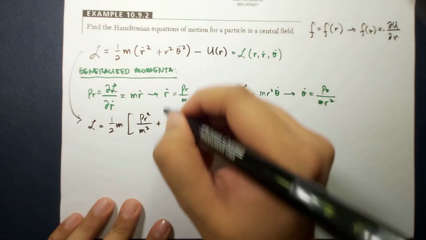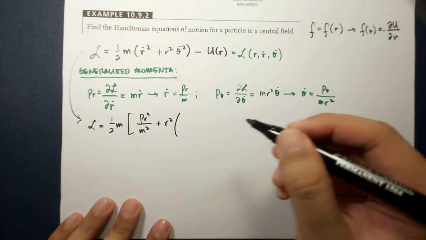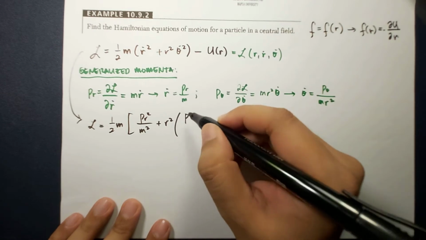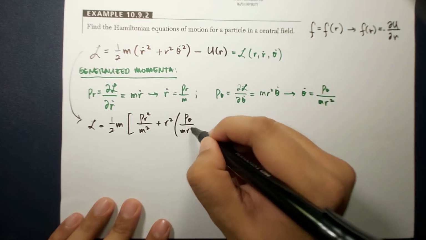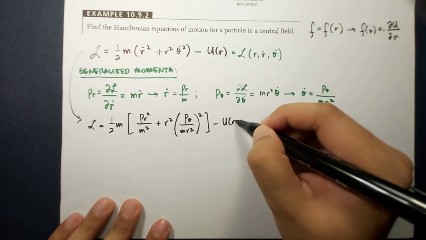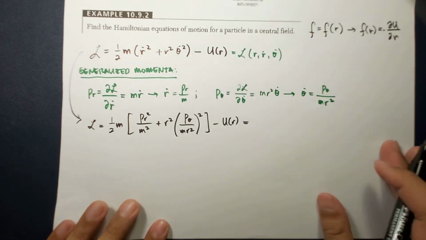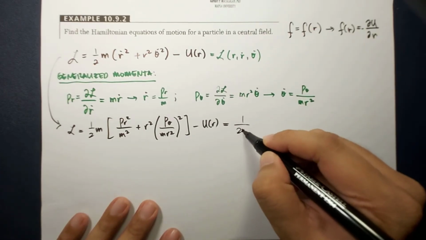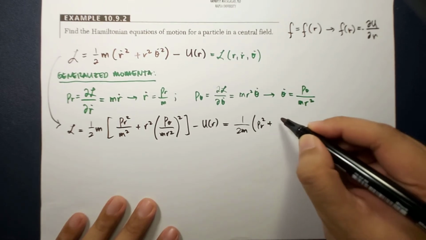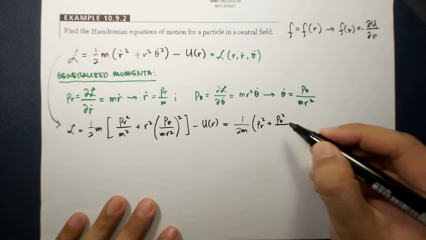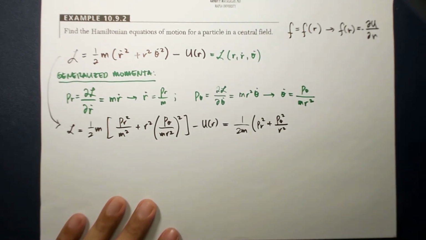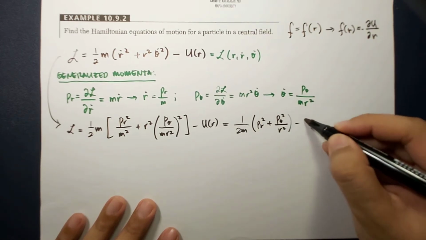And then this is plus r squared times theta dot squared, which is p theta over m r squared, minus U of r, and this is now equal to 1 over 2m of p r squared plus p theta squared over r squared, minus U of r.